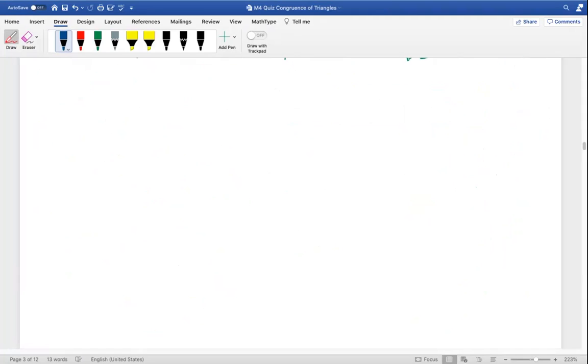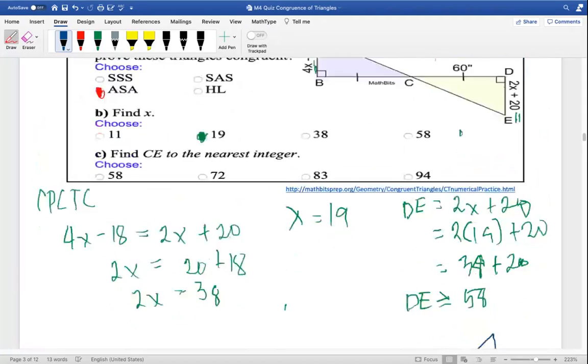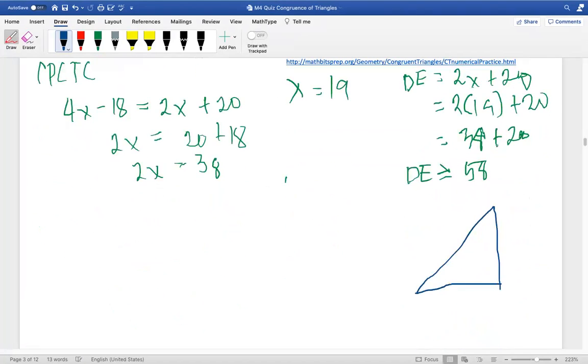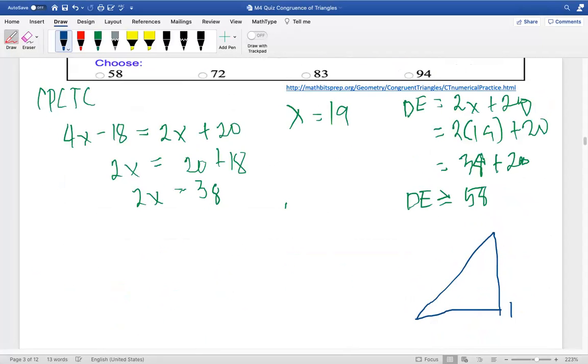Let's draw the figure. We have the triangle with vertices D, C, and E, and this is the right angle.